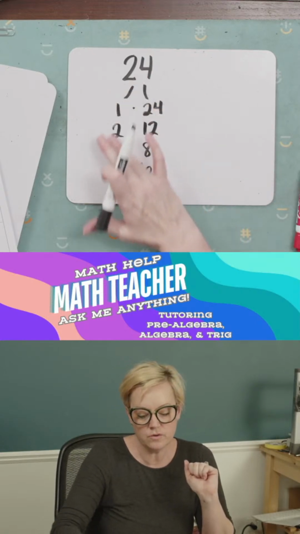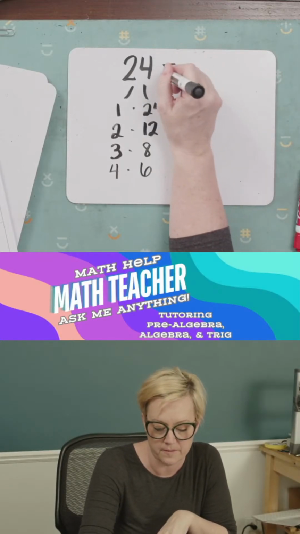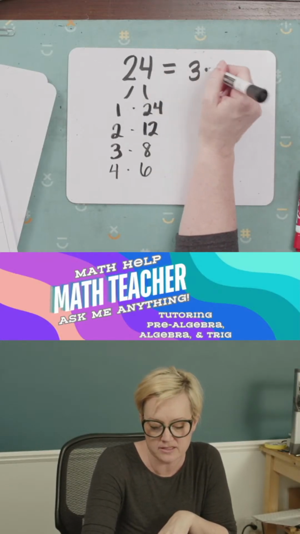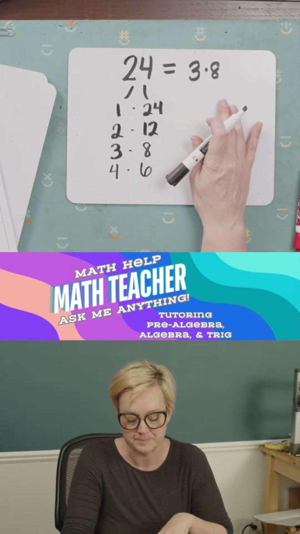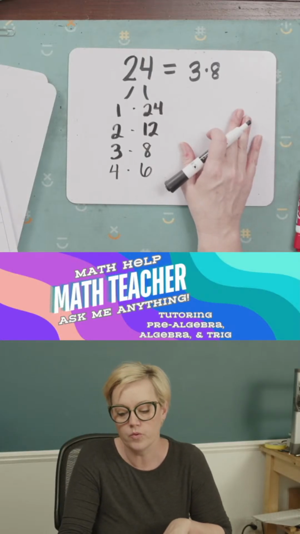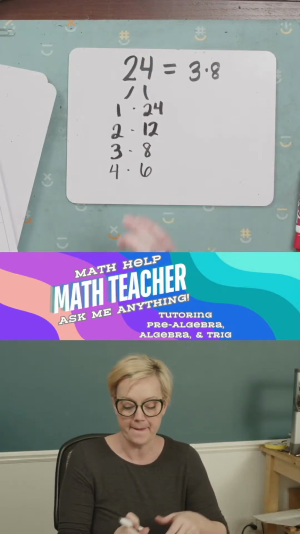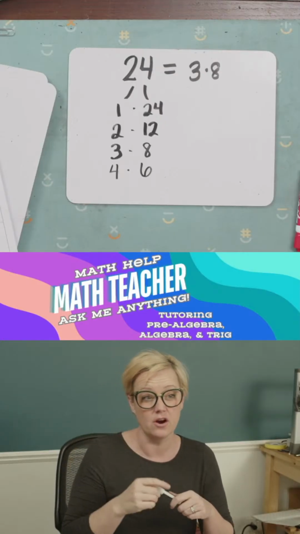That is called factoring: instead of 24, I'm writing it as 3 times 8 or 4 times 6. So that is to factor. Now this is really useful when you're solving quadratics or when you're solving polynomials. If you can factor them, then you can solve them much easier.